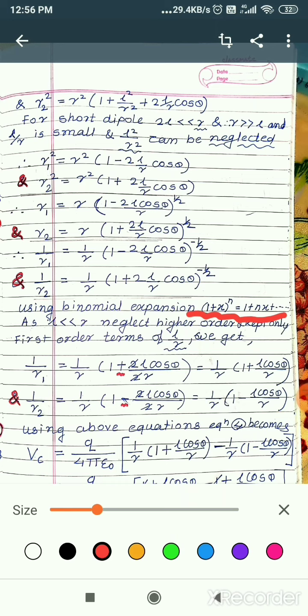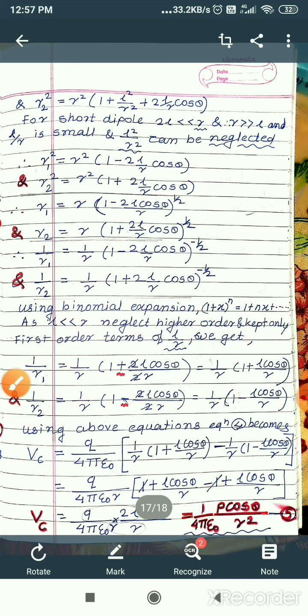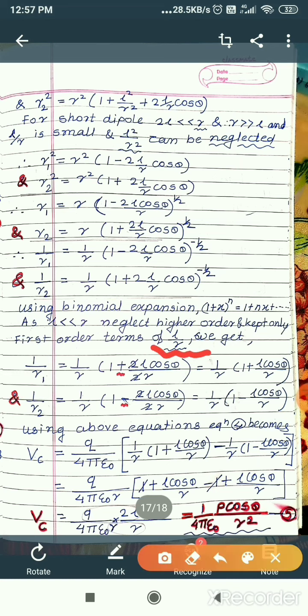Again the concept is the same: as L is smaller than r, L square becomes much smaller than r square. Therefore neglect the higher order terms of L square upon r square and just keep the first order term, the terms of L upon r only, and we get the relation.